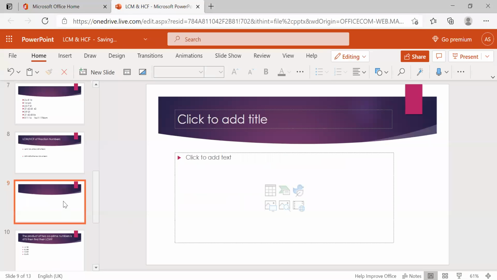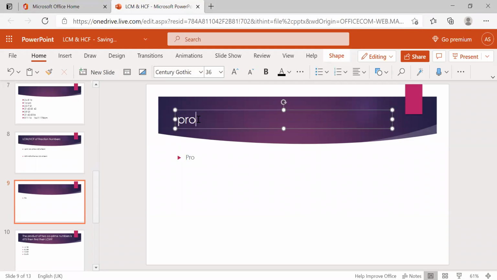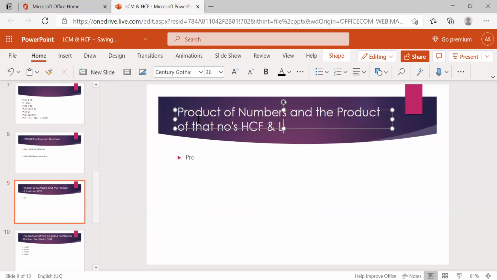Come to the next one. Then we have to discuss one more important thing: the product of the two numbers and the product of their HCF and LCM is the same. A very, very important point.